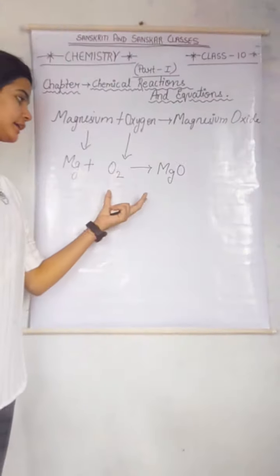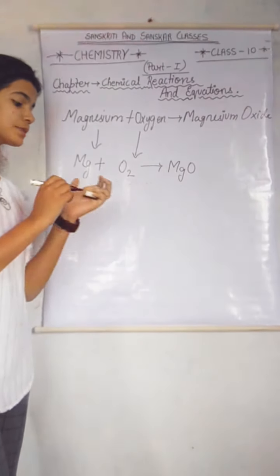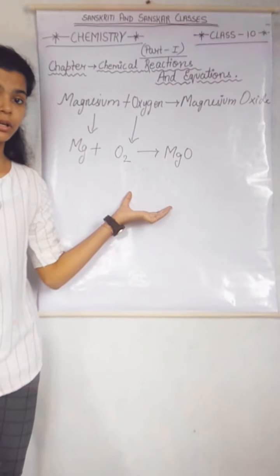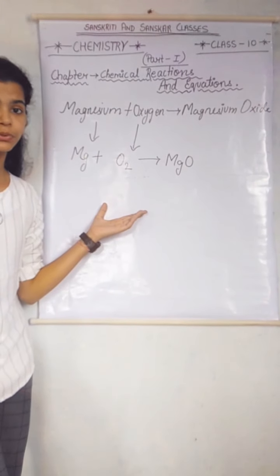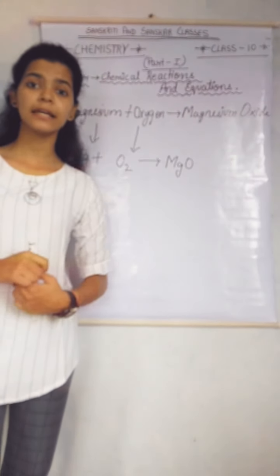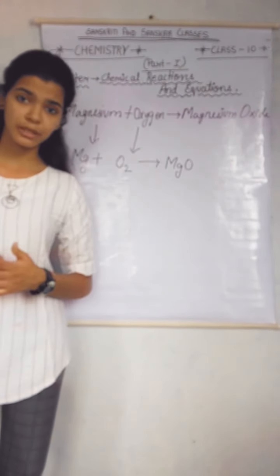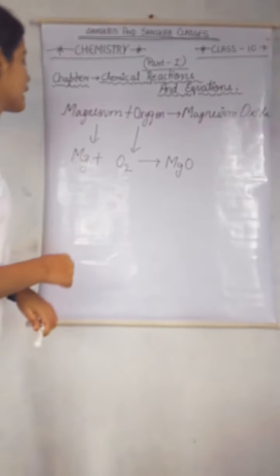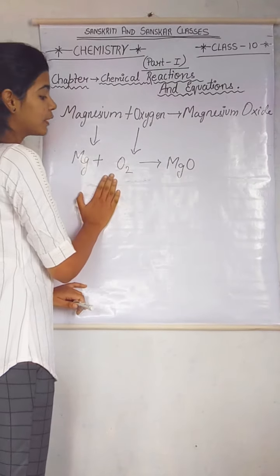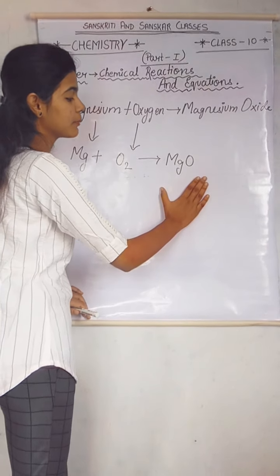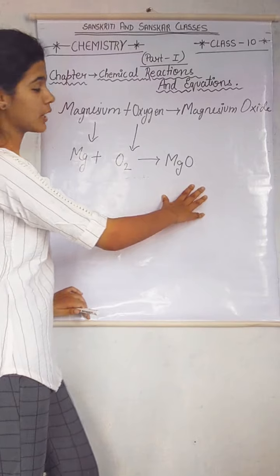Here we have to check whether the equation is balanced or not. If not, we have to balance it, because we already studied in class 9 that mass can neither be created nor destroyed. It also means that the number of atoms on the reactant side will be equal to the number of atoms on the product side.